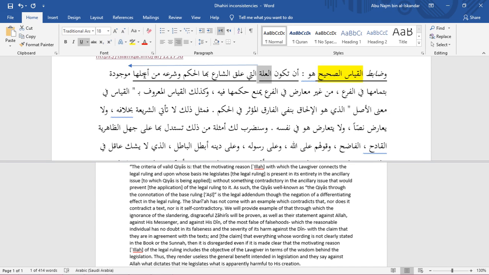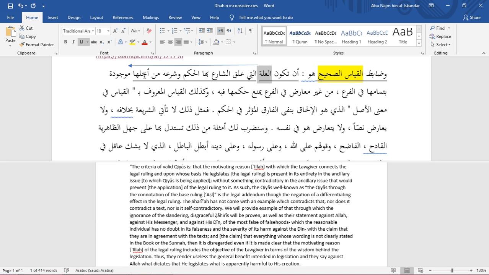Right? The illa with which the lawgiver connected the ruling and legislated it for its sake. The reason for which, or with which, the lawgiver connected the legal ruling, and the basis upon which he legislated it.